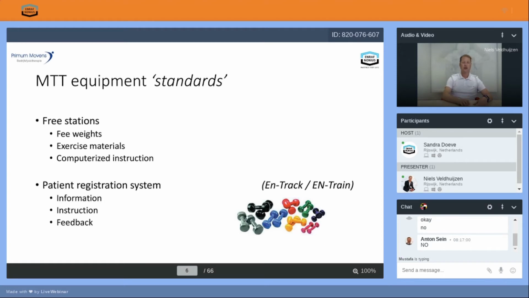You can easily preload training sessions on a card and let a patient more or less do the workout themselves, and you only have to walk through the room and give feedback and instructions to the patients when necessary. So it helps the patients to be independent, because in Holland we focus on letting the patient be as independent from the physiotherapist as possible.